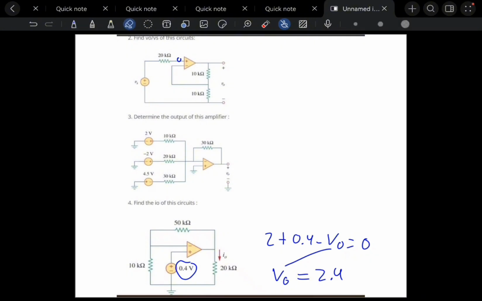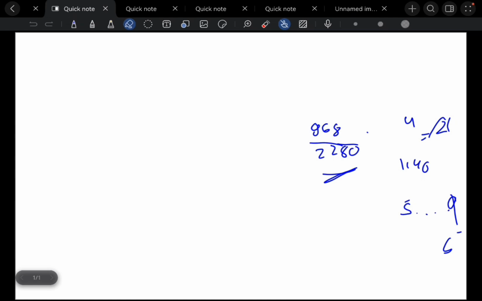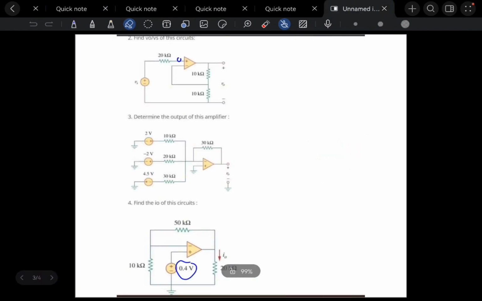And now we have to calculate the IO. This is the IO. IO is the sum of two currents, the one coming from the 50k ohm resistor and the one going through the 20k ohm load.